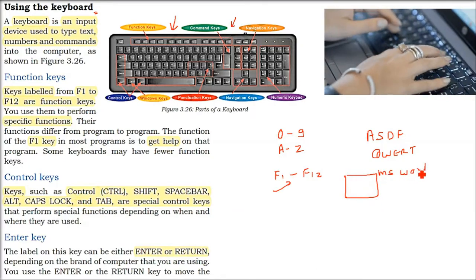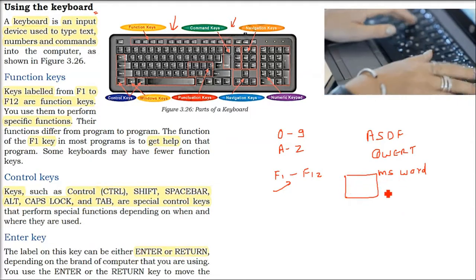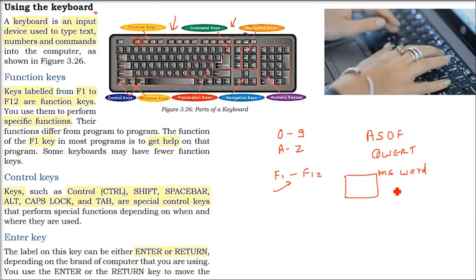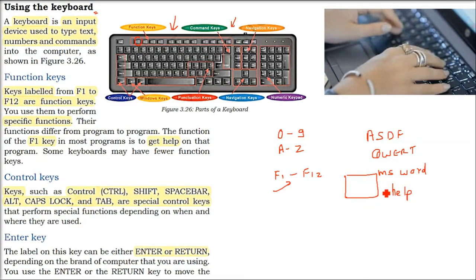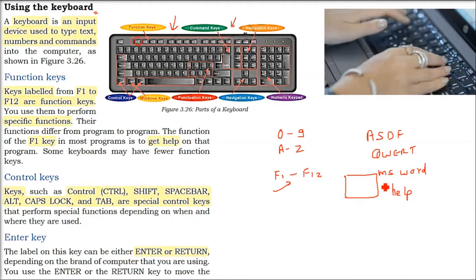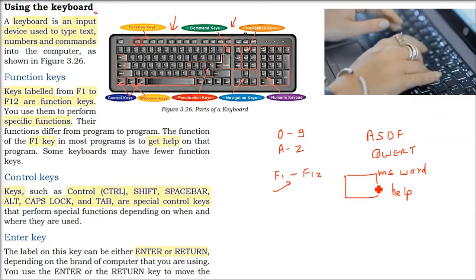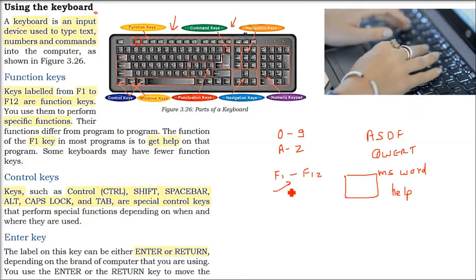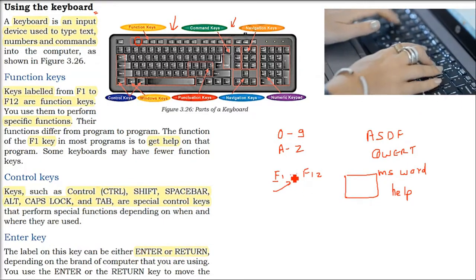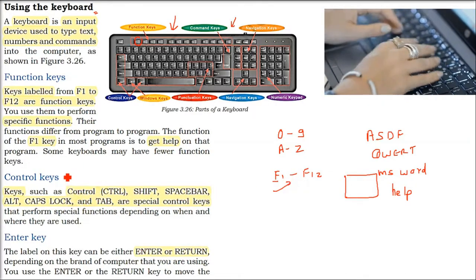For example, you take any program, say MS Word, and you hit the F1 key. This F1 key pressing will give you the help document. So this F1 is normally used for invoking the help file of the application. Normally F1 is help, but in certain programs it may be for some other purpose.